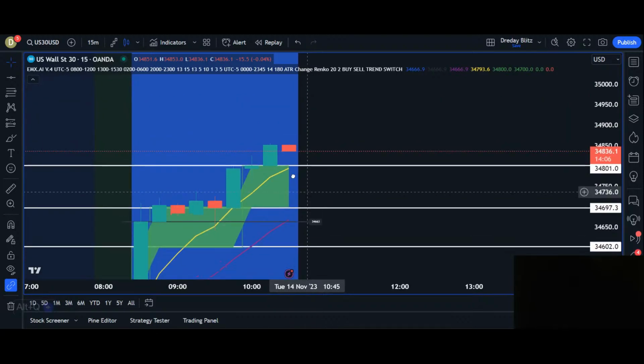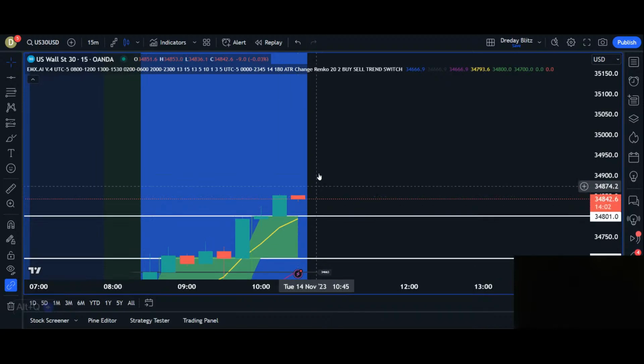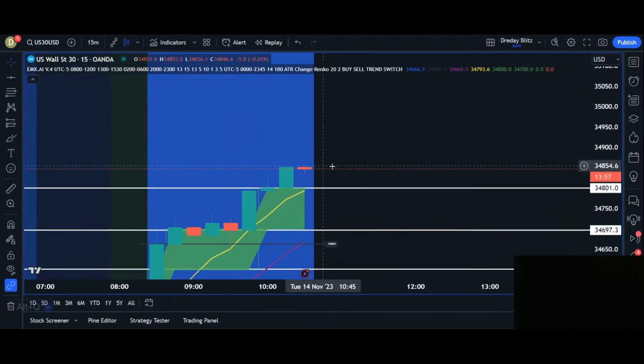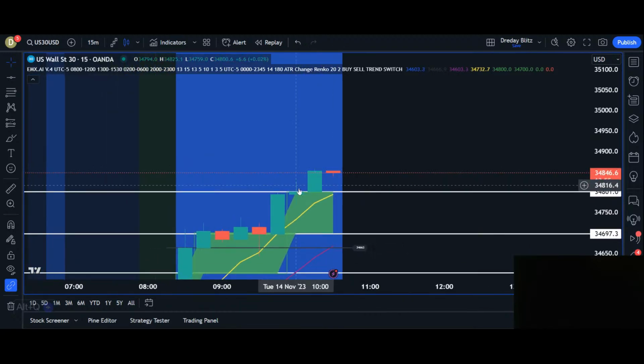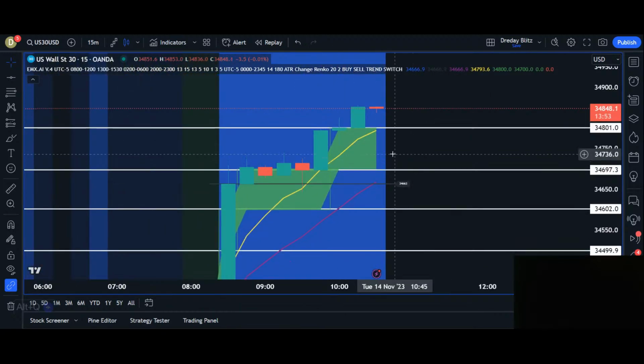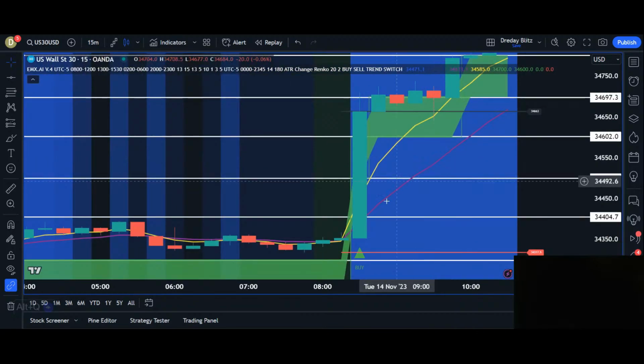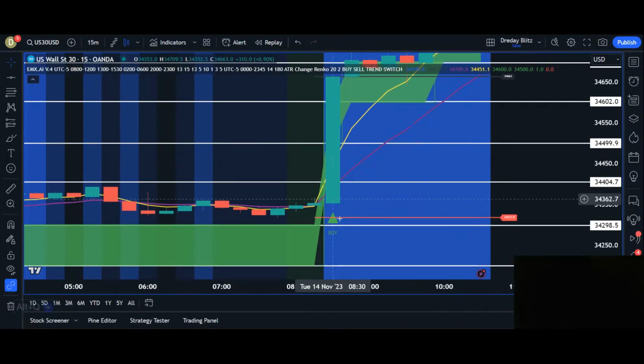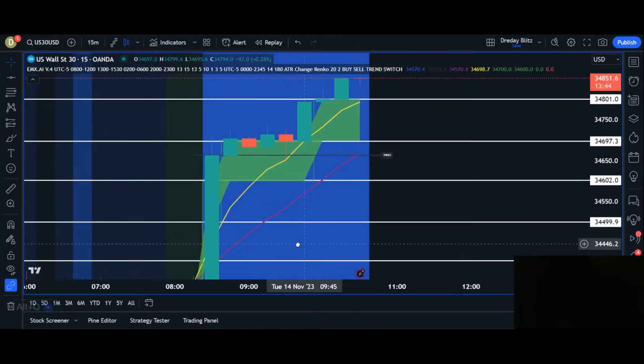But if it's going bullish, it will still continue, and you're not going to receive a notification saying that the Renko bar is switching. So you're keeping your trade open. You're removing your emotion from the trade, and you just ride along.